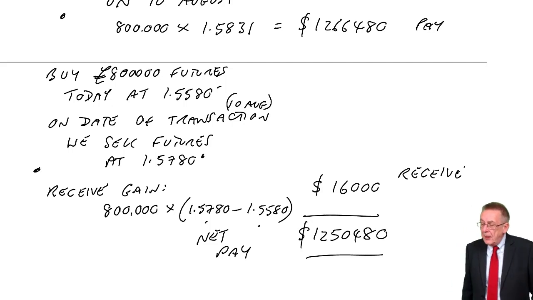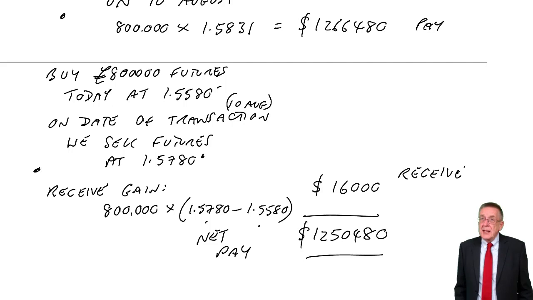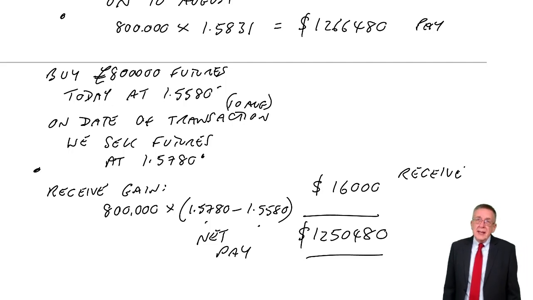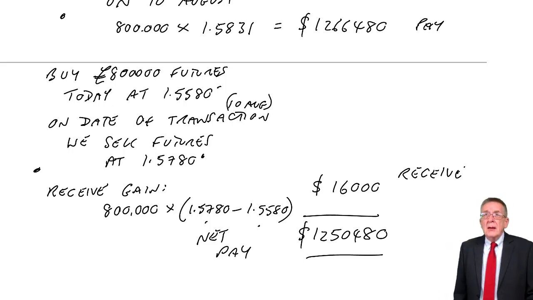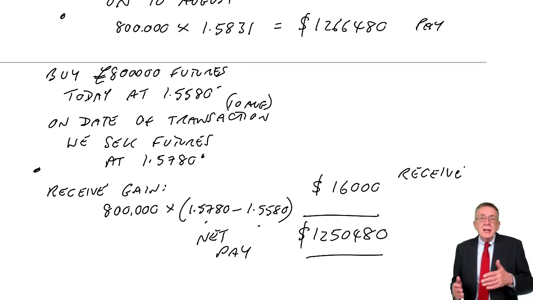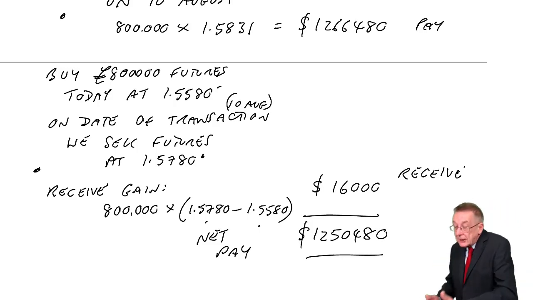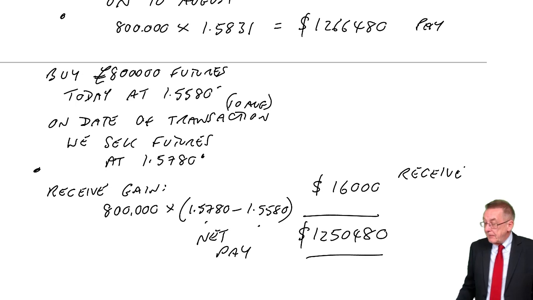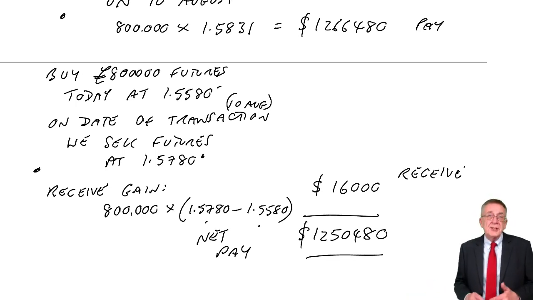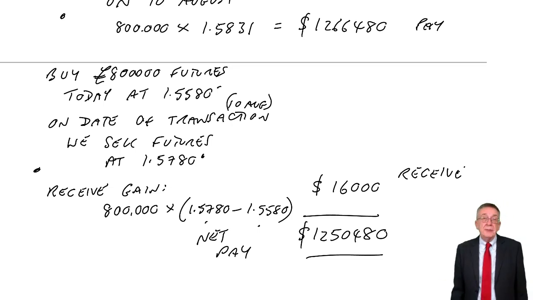You know, in real life, the spot rate may go up by 0.02. The futures price would go up, but instead of 0.02, it might go up by 0.019. And if you think about it, if the futures price doesn't move by exactly the same amount, then it won't exactly fix the net amount. There'd still be an element of risk. Now, those are things you can deal with at P4, but not here.